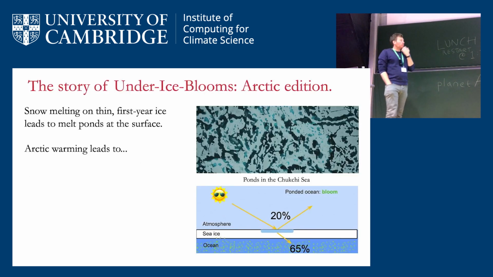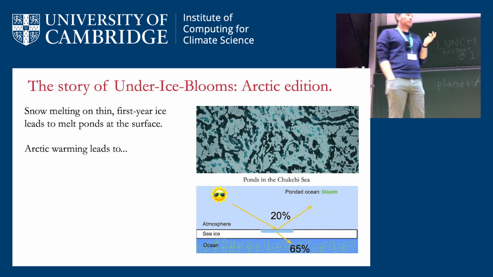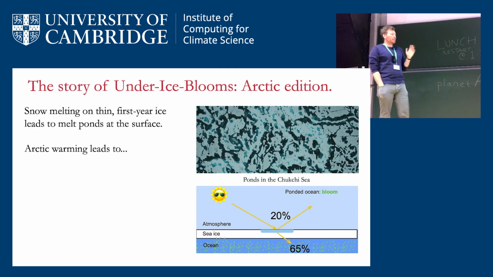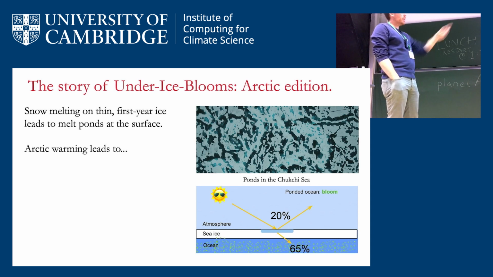And since that discovery was reported in 2011, there's been a strong outgrowth of interest in understanding these under ice ecosystems. So I've contributed a part to this, but many other people have. And this has led to the development of this sort of narrative for under ice ecology in the Arctic. So the predominant reason these things are suspected to occur in the Arctic has to do with what you can see up at the top, which are melt ponds.